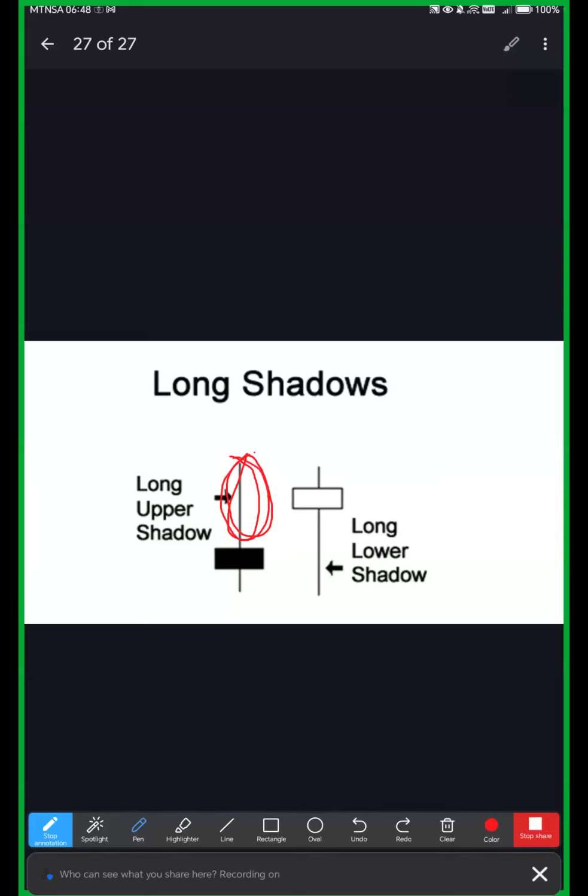We are going to establish together when we go through some chart patterns.